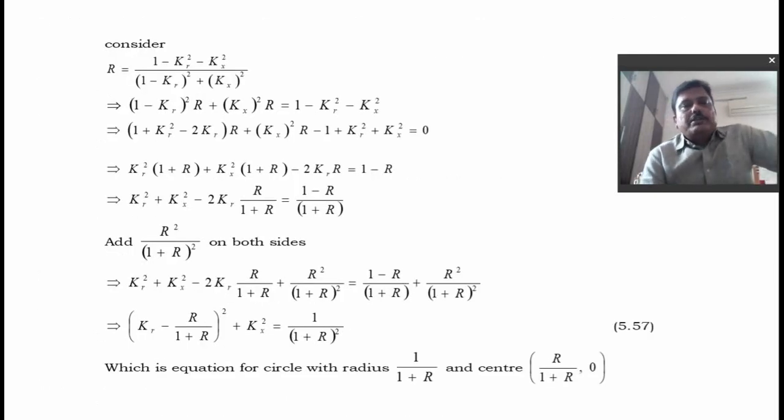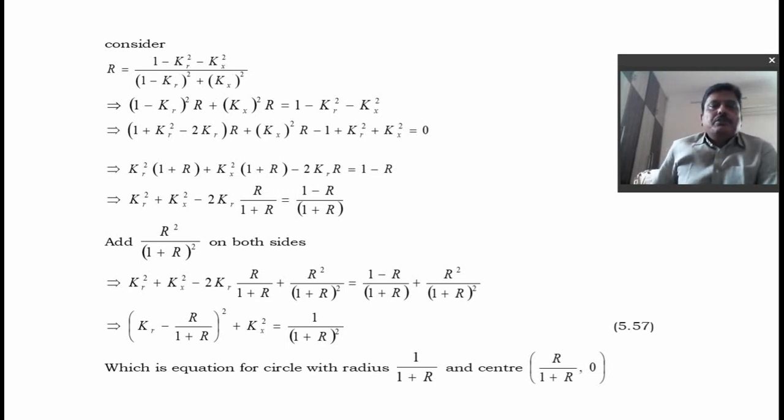Consider r equals (1 minus kr square minus kx square) by ((1 minus kr) whole square plus kx square). Then (1 minus kr) whole square into r plus kx square into r equals 1 minus kr square minus kx square. Expanding, kr square into (1 plus r) plus kx square into (1 plus r) minus 2kr equals 1 minus r. So kr square plus kx square minus 2kr into r by (1 plus r) equals (1 minus r) by (1 plus r).